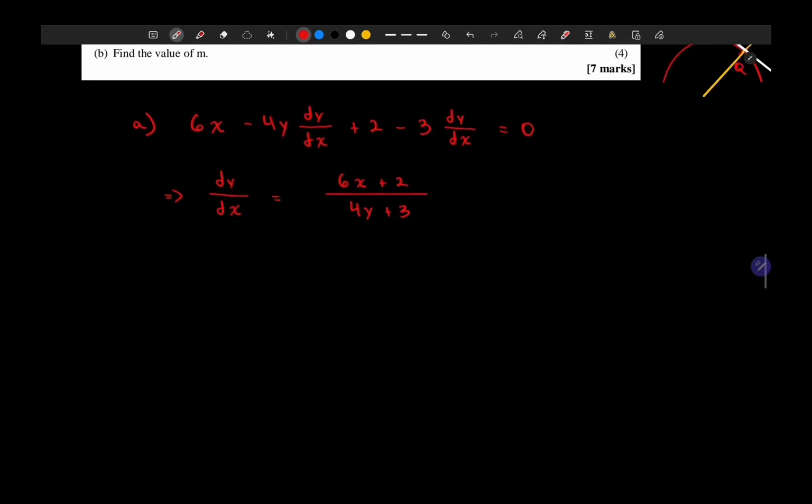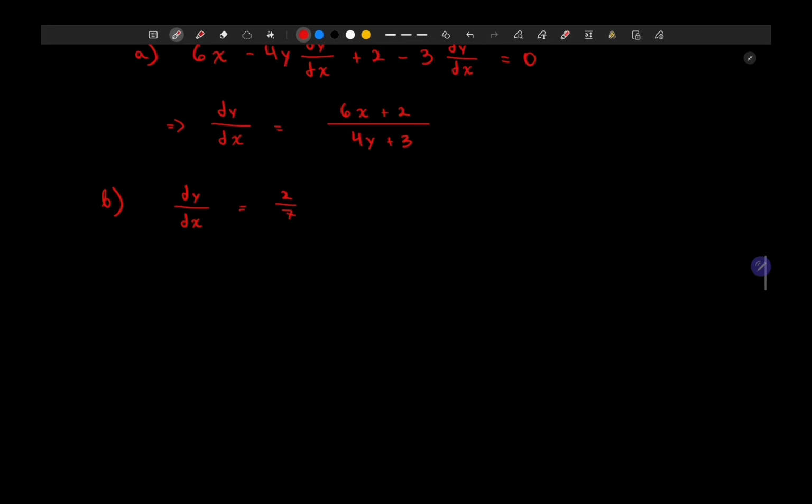So we can say that at point Q, the value of dy over dx is 2/7. So we can say that 6x plus 2 over 4y plus 3 is equals to 2/7.